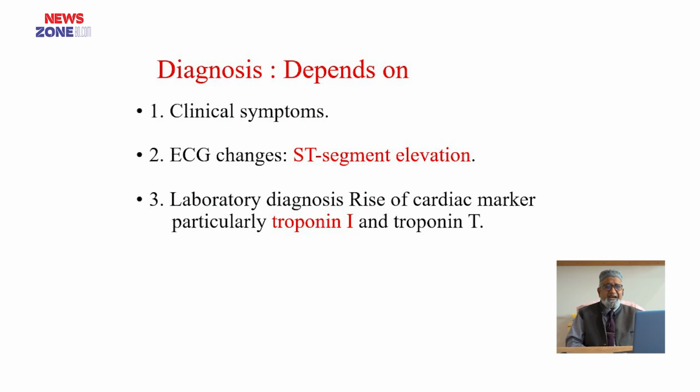So, diagnosis depends on the clinical symptoms, ECG changes, ST segment elevation and laboratory diagnosis. In laboratory diagnosis, the rise of cardiac markers, particularly troponin I and troponin T, are very efficient markers and the earliest markers which rise in the blood.